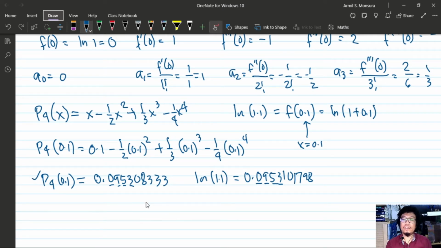For you to be able to come up with an exact value for this one, you need to use a large number of terms for your approximating polynomial. So that's how your Maclaurin polynomial works.